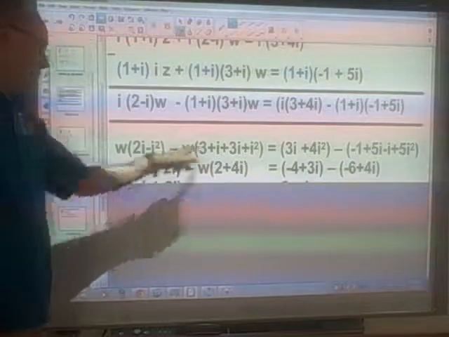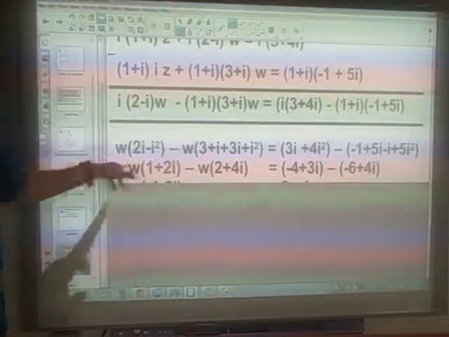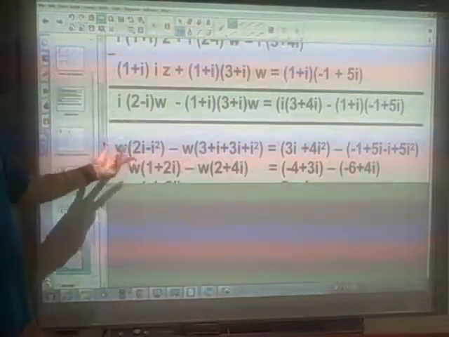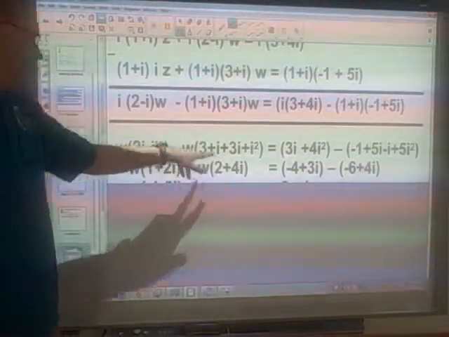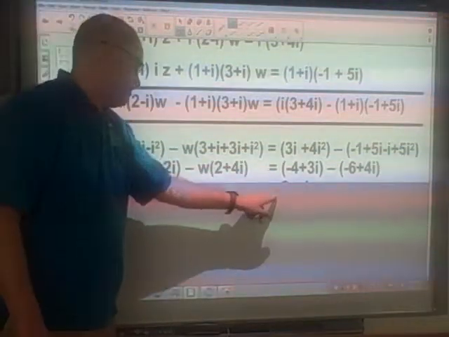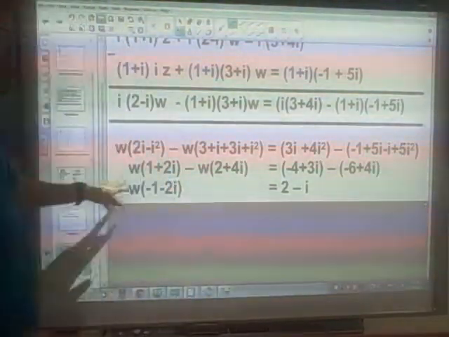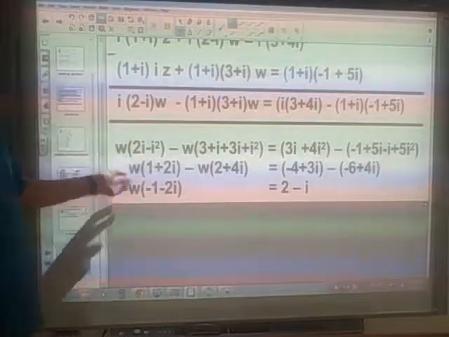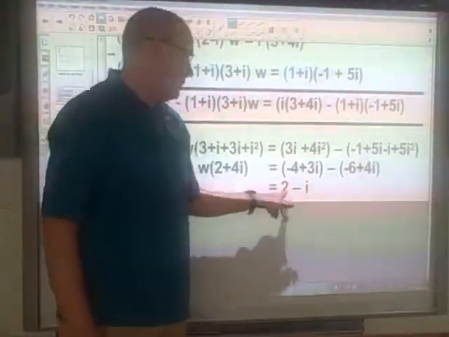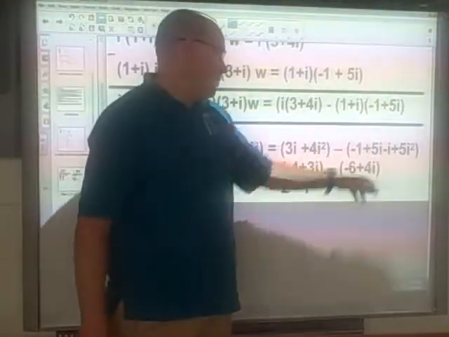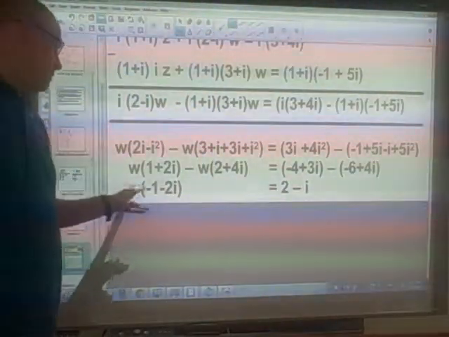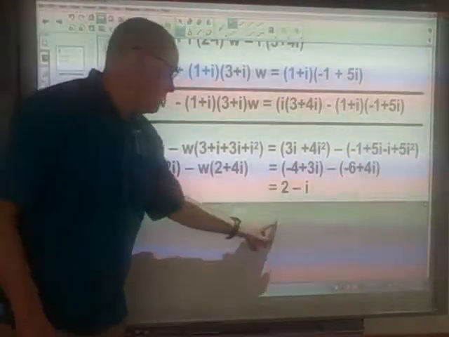Now, I can combine terms here as well, as these both have to do with w, so 1w minus 2w is going to be negative 1w, and 2i take away 4i is negative 2i, so I've got negative 2iw. And with w as the factor here, I've got w times (negative 1 minus 2i) equals negative 4 take away negative 6 is 2, 3i take away 4i is negative i, and then to solve for w, all I need to do is divide by this.